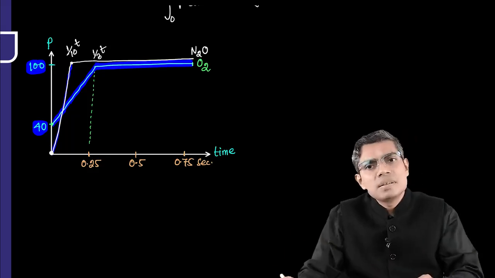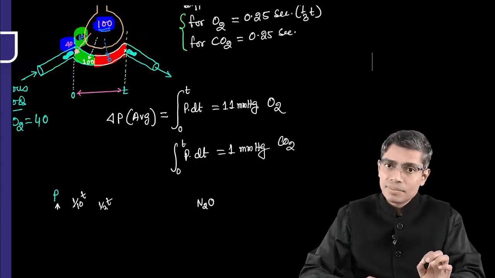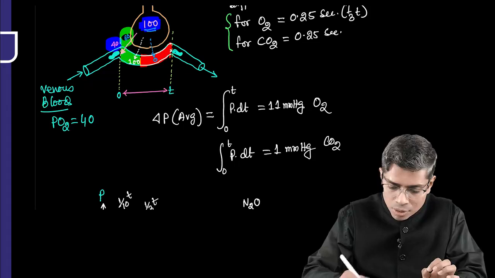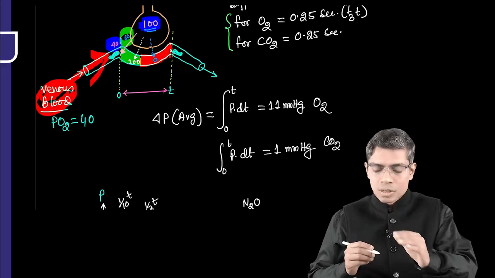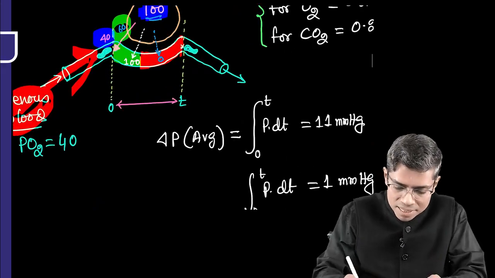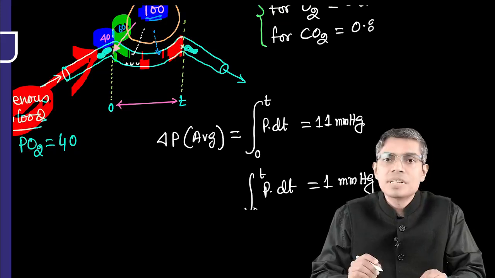So how can you increase the diffusion? By changing which parameter? If you increase the blood flow, then what will happen? More blood flow means more fresh blood is going to enter. The blood which is already saturated, already in equilibrium with the oxygen, is not going to take further fresh oxygen.